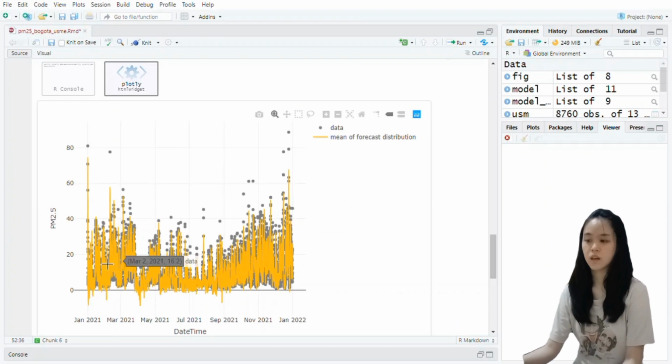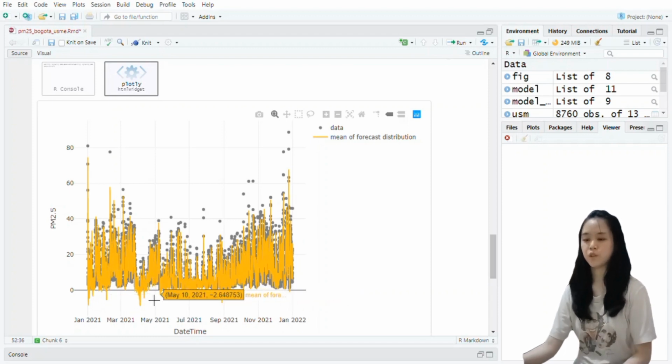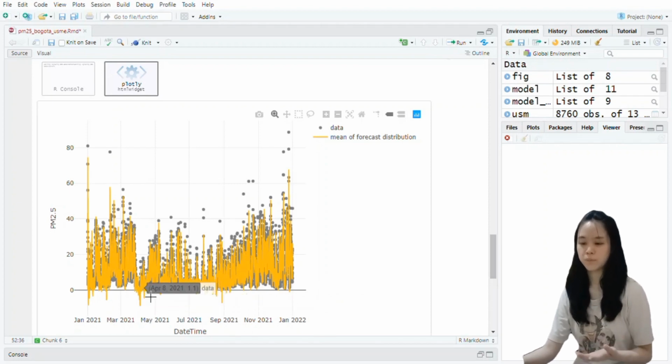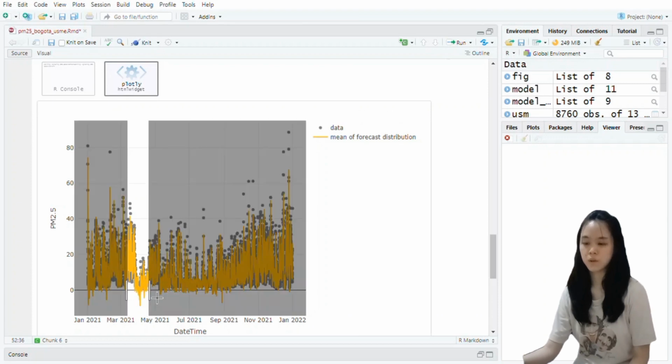As you can see, the mean of the forecast distribution is sometimes negative. So if we are using these negative values as our imputed data, it's going to be a little bit weird actually. But anyway, let's see it first.